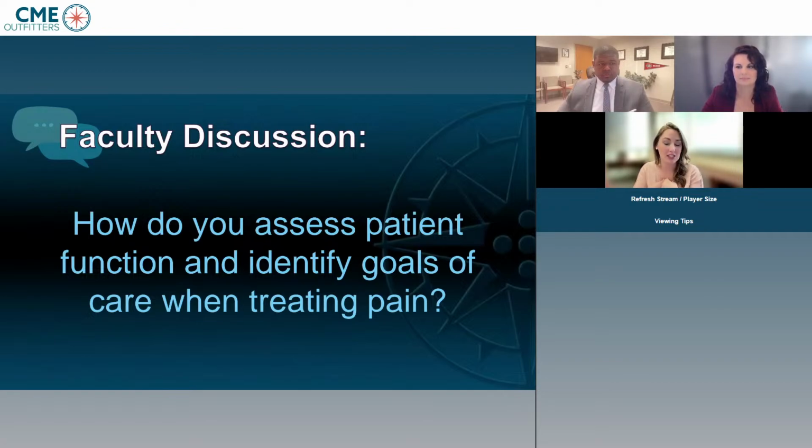In the outpatient setting, and this is where I get very palliative care for all of you, I love to ask, what is one thing that you would do if I had your pain controlled? And first of all, it's a great relationship builder. I love to hear, I want to go to the amusement park with my grandchildren. So the next time I see them, I ask, did you go to the amusement park with your grandchildren?